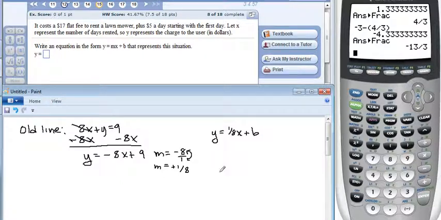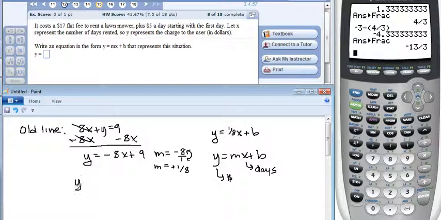Okay. So if we put in our generic, because it's got to come in that form, and it's telling us, now again I'm going to label what I have. It says let X represent the number of days rented. So this is your days. So Y represents the charge. Well, I can do that.